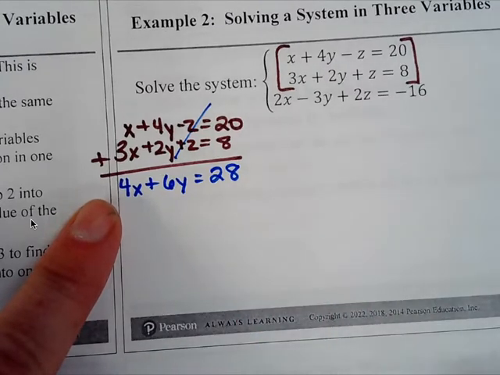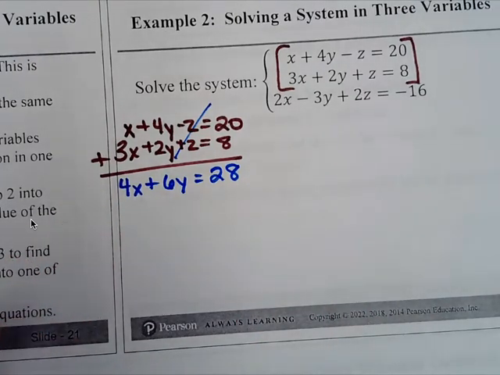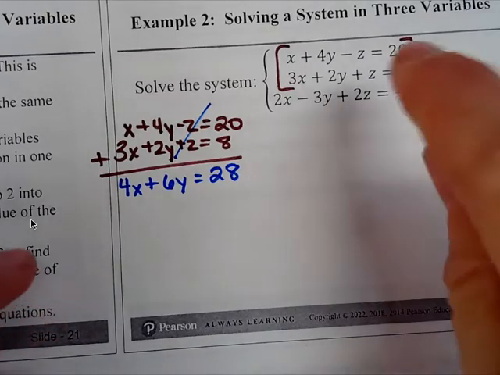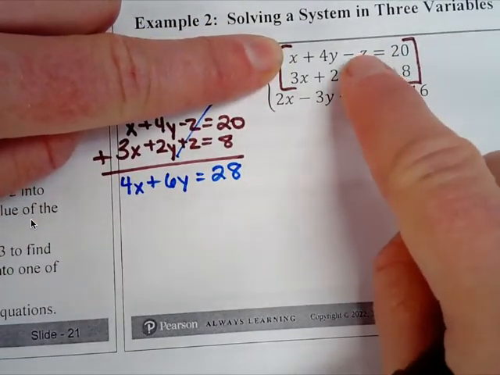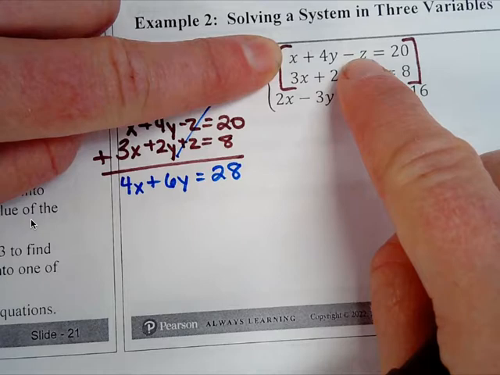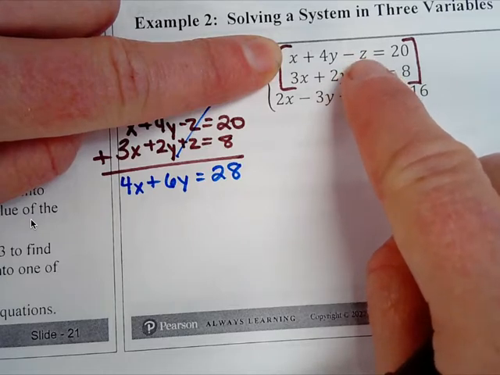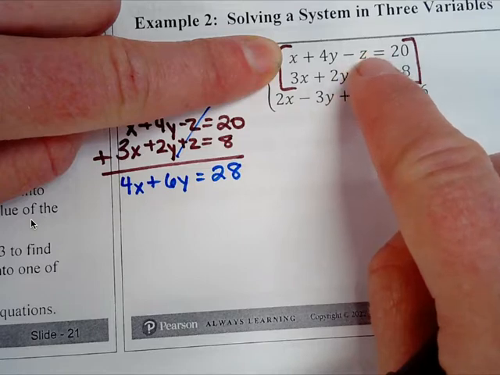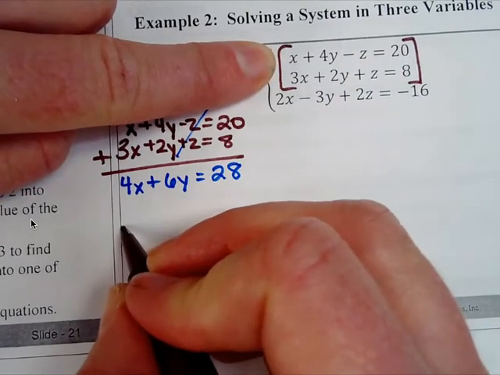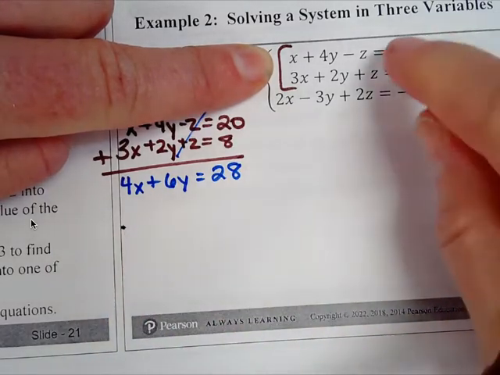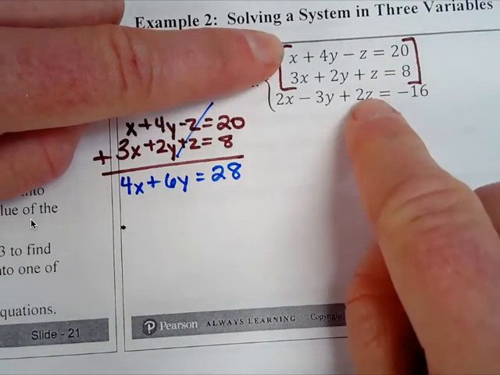Now I want to do the same thing with two other equations. I can reuse one of them. I think the first one and the third one would work because I want to get rid of the Z again. So I can multiply this times 2. You can't just use that one and the third one?